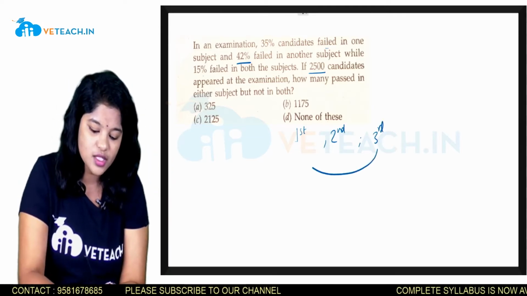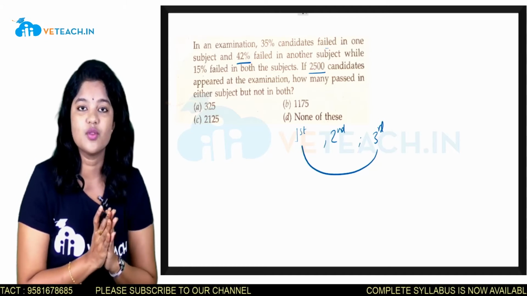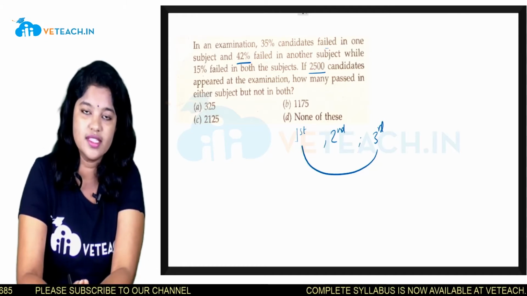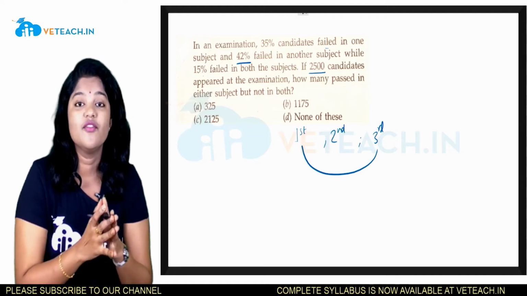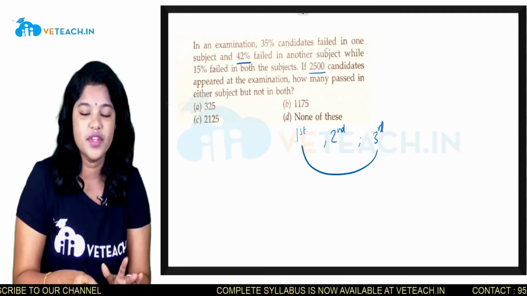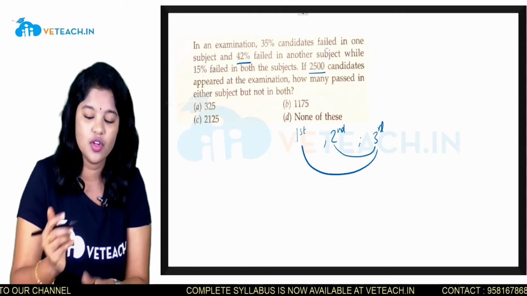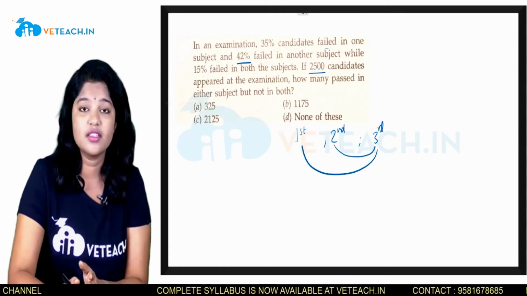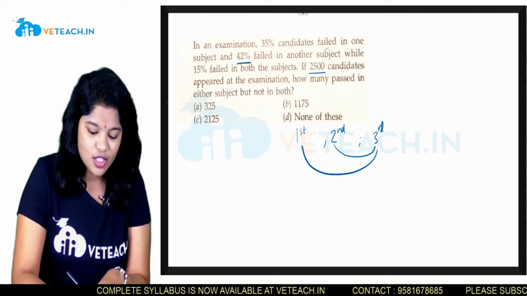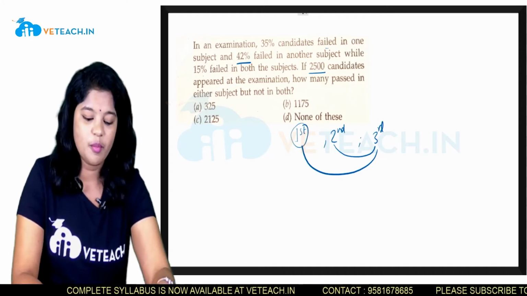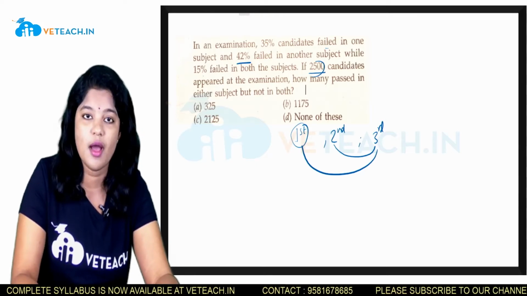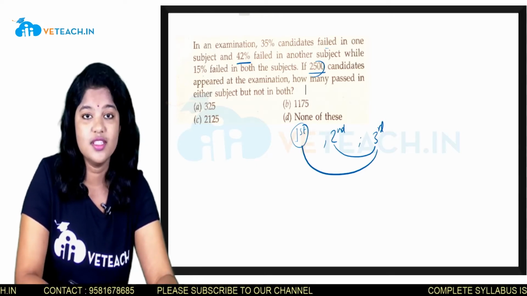If we subtract 1 minus 3, the number who passed the first examination minus those who passed both, we will get the number of students who passed only the first examination. Similarly, 2 minus 3 also we will do. Then we will get the number of students who passed only in the second examination. From them, we will subtract from the total number of students. So we will get the number of students who passed in either one of the subjects.